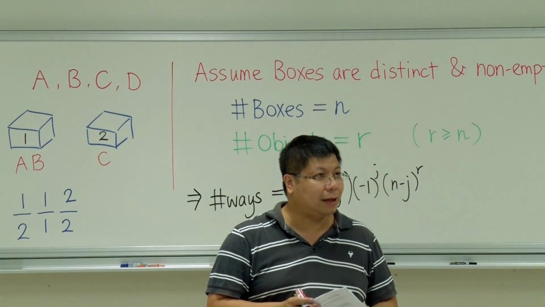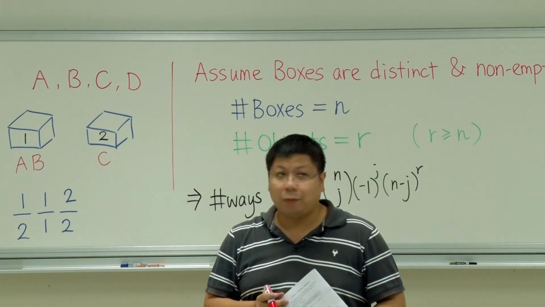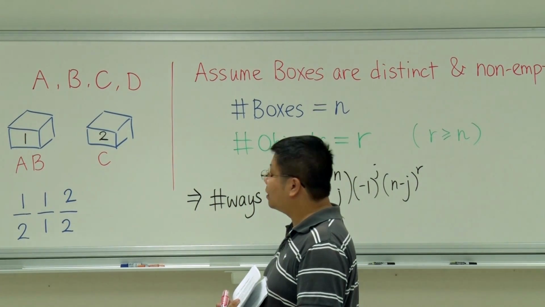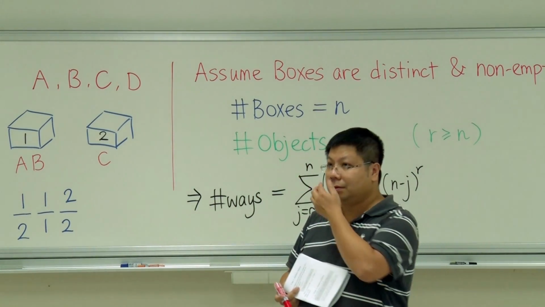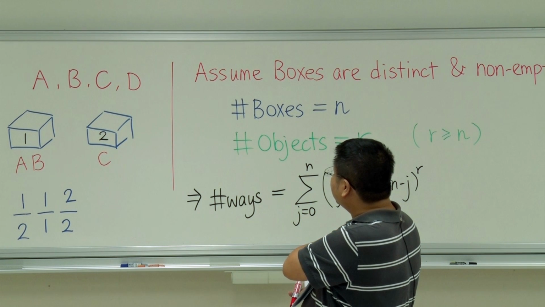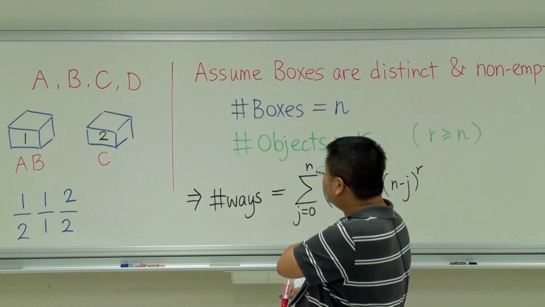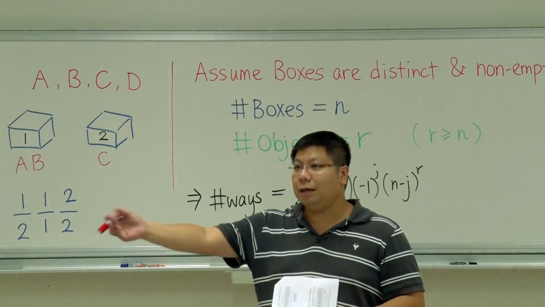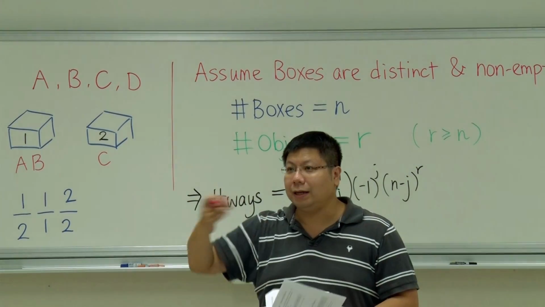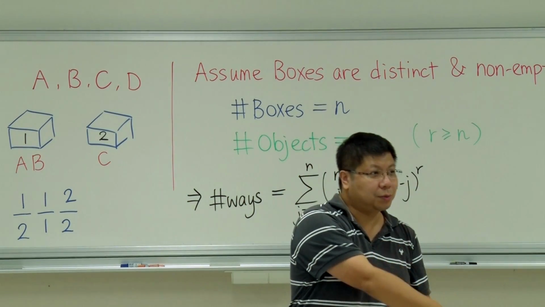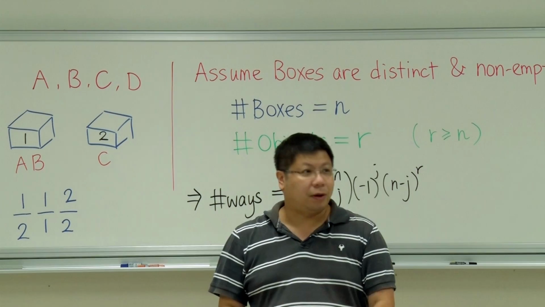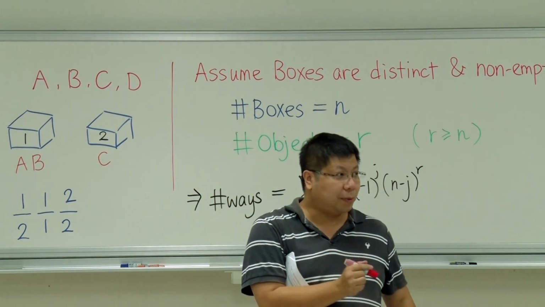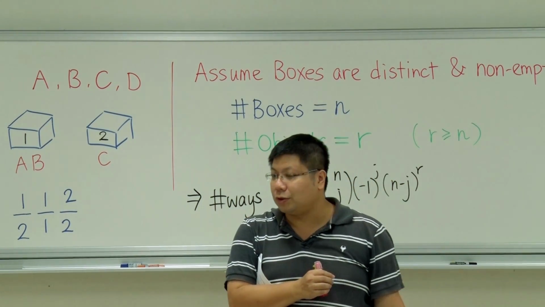No, let me see. Boxes are distinct, right? So there are going to be 14 ways. Any way of distributing the objects should be fine, except we put all the objects in box 1, and except we put all the objects in box 2. Am I correct? So there are going to be 2 to the power 4 ways to put the objects into the 2 boxes, and then minus 2 ways that we should not count.